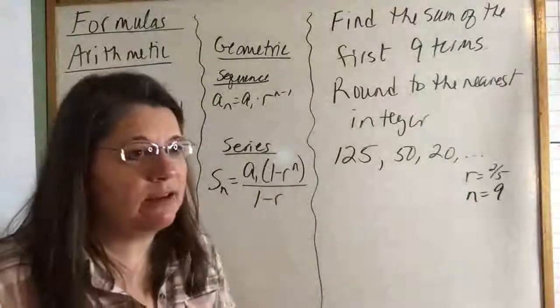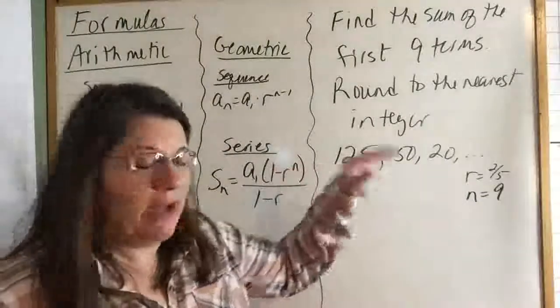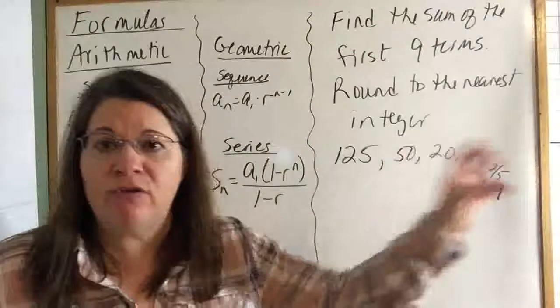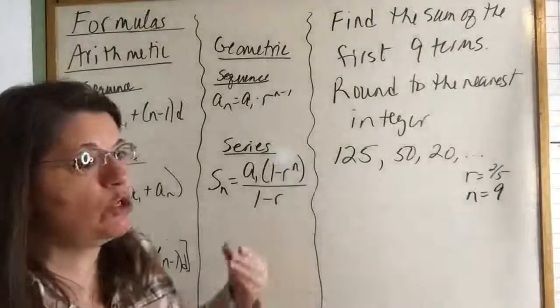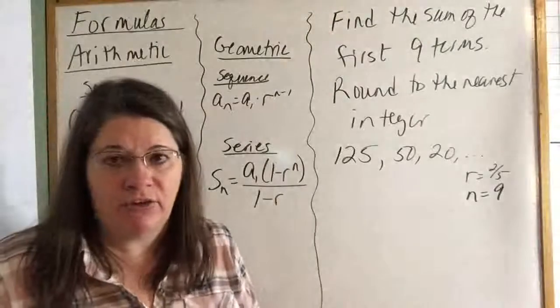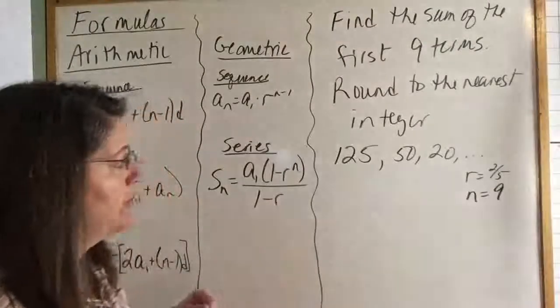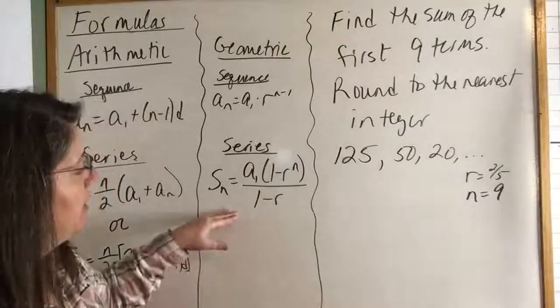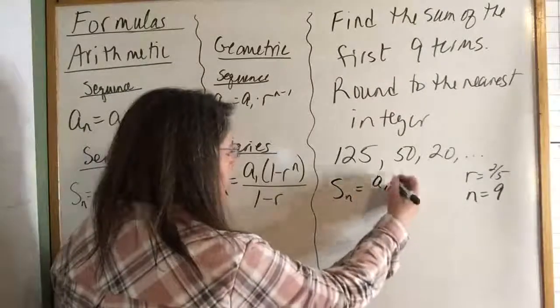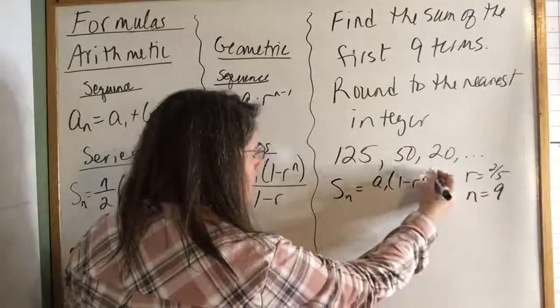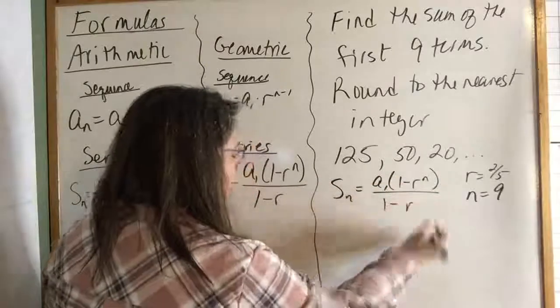You could use a calculator and go out and find the first 9 terms and then add those 9 terms together. I don't suggest that you do that because it's so easy to put one number in the calculator incorrectly. So I would use the formula for this. The series formula is, and I'm going to copy that down, S sub n equals a sub 1 times 1 minus r to the n all over 1 minus r.